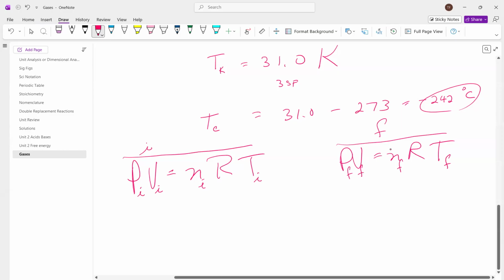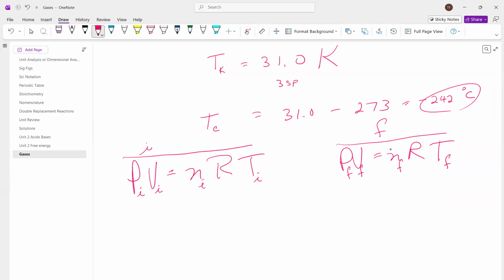Now, what's the same between those two equations? What's the same? The formula? Well, the formula is different because one's with initial, the other's with final, except for one of them. The gas constant R, exactly.